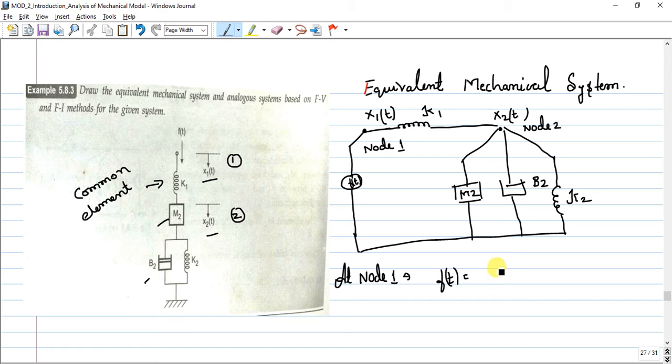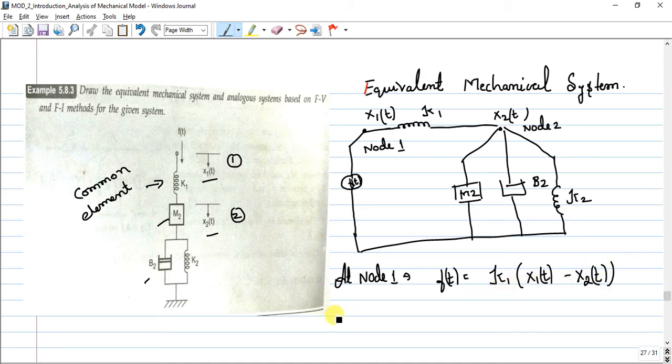Since it is a common element, it will be undergoing both x1 of t and x2 of t. When there is an x1 of t, some deformation will happen at k1, and if there is an x2 of t, the same amount will be experienced at k1. So it is acting under both displacements. So my differential equation will be k1, okay, within brackets x1 of t minus x2 of t.